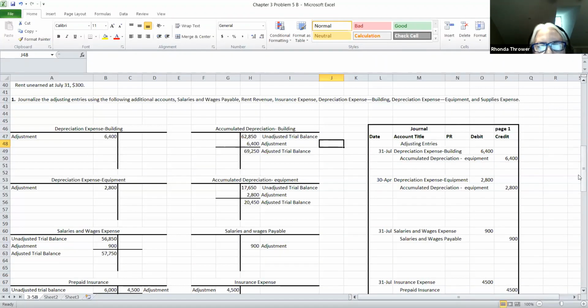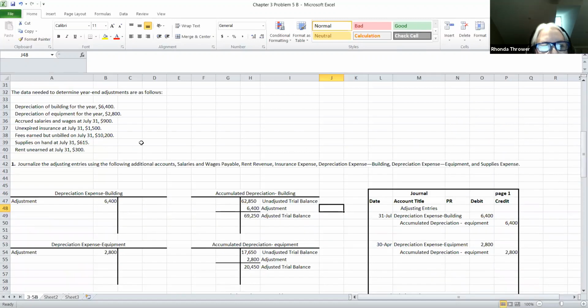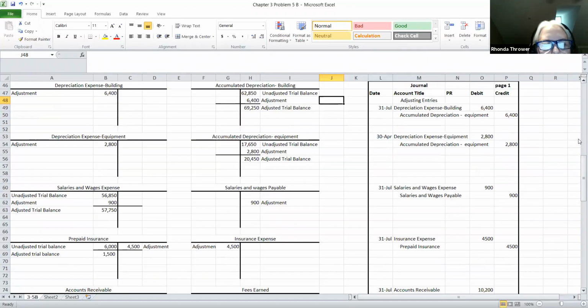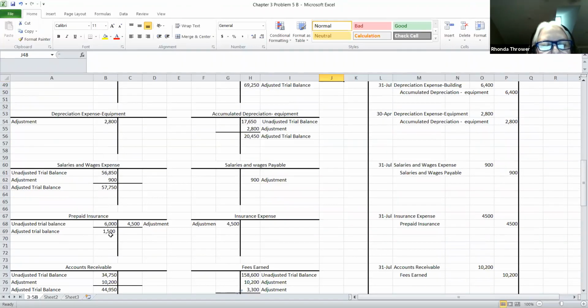What our adjusting entry additional information told us is that we have some unexpired insurance. Unexpired means we have some insurance left over at the end of the period. The balance at the end of the period is now $1,500. So the difference between the balance at the end of the period and what it was previously is $4,500.